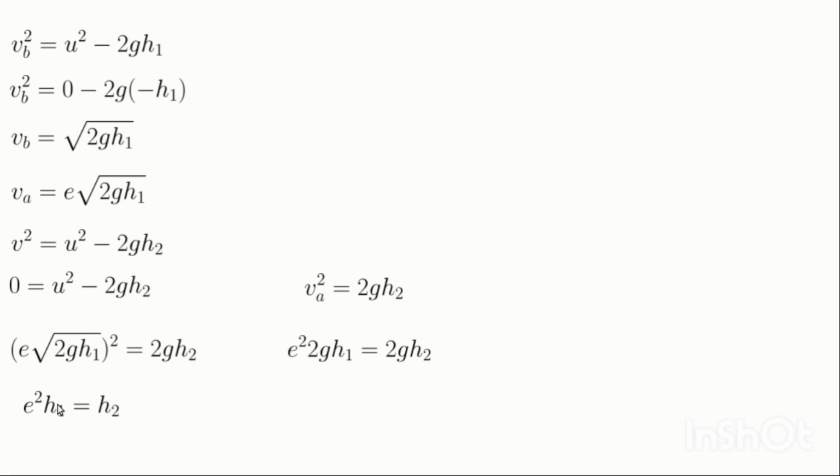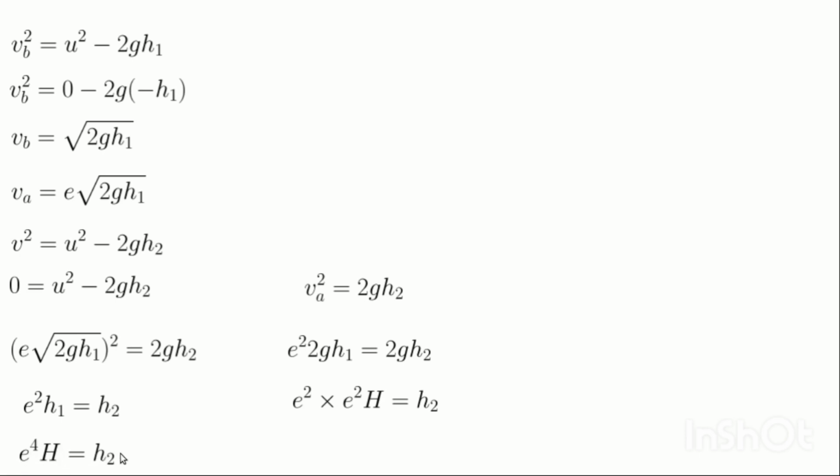But we know that h1 is connected to capital letter H, and that gives us e squared times e squared H, which is equal to e to the power 4 H. So h subscript 2 is equal to e raised to power 4 H. This is the connection between the height of the second rebound in terms of capital letter H.